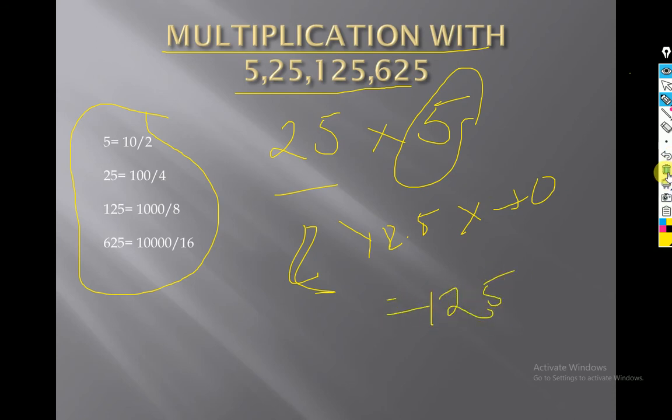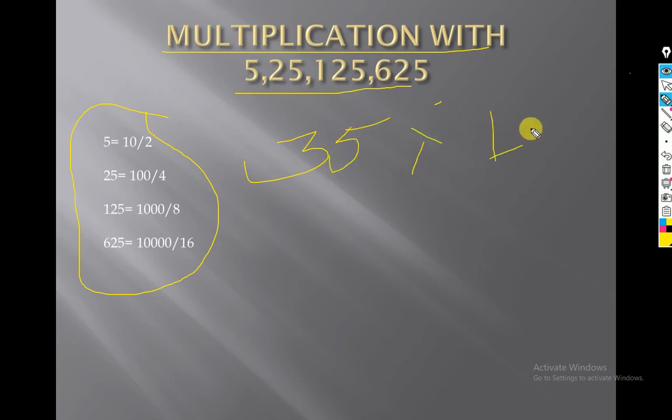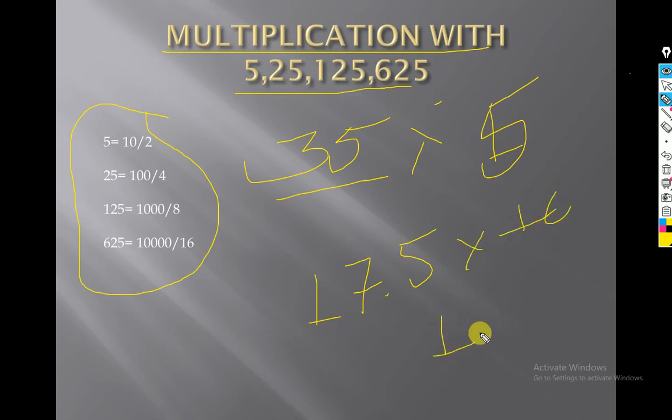Similarly, 35 into 5: we divide by 2, we get 17.5, then into 10 it's 175.